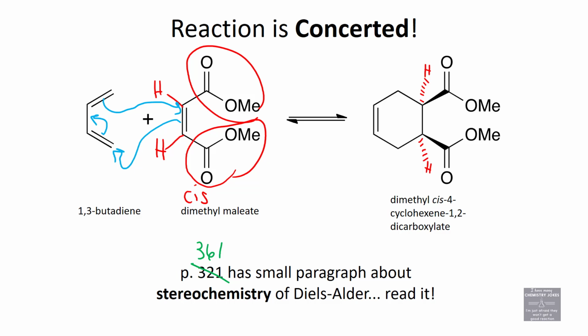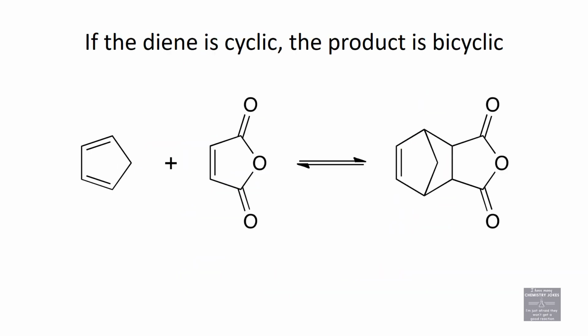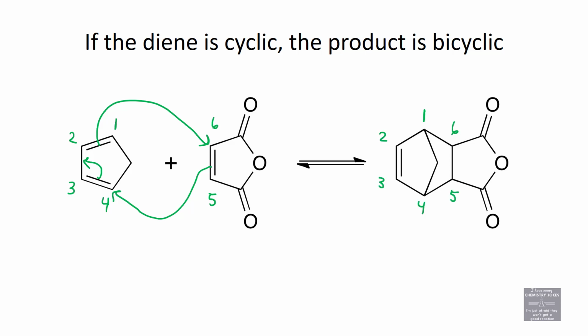I apologize. All right. If the diene is cyclic, the product is bicyclic. Huh, what? If the diene is cyclic, the product is bicyclic. Here's how my curved arrows go. I'm creating this 6-membered ring. 1, 2, 3, 4, 5, 6.